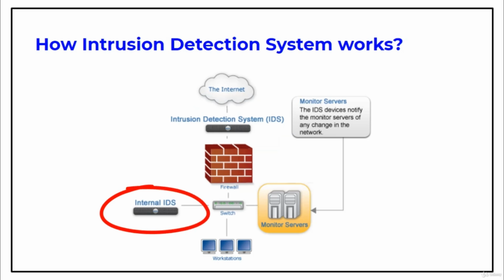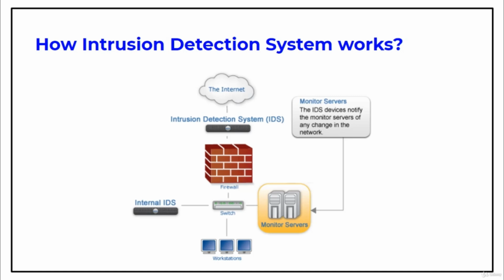So whenever malicious packets or information data packets are passed from the internet to the internal network, those packets first have to go through the IDS, that is intrusion detection system. Now if there are some packets which are malicious, IDS detects those packets and probably drops them.